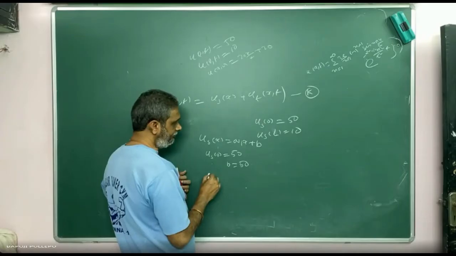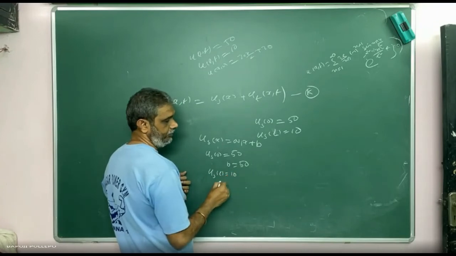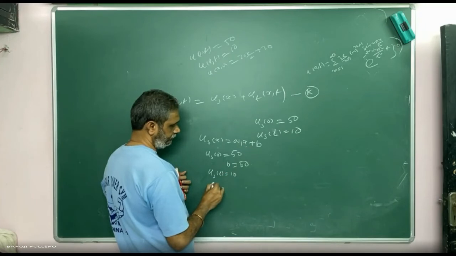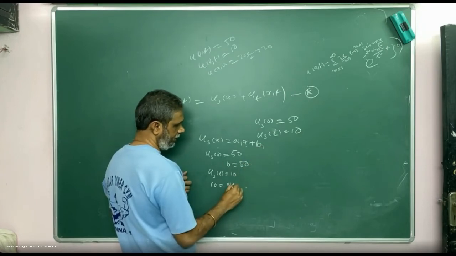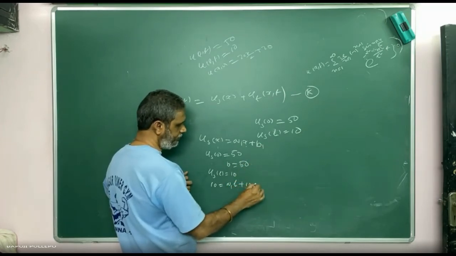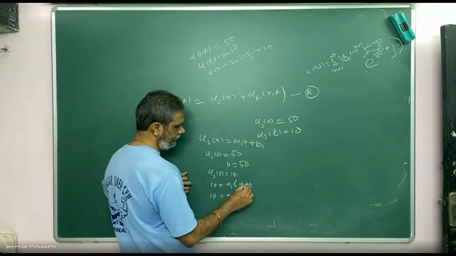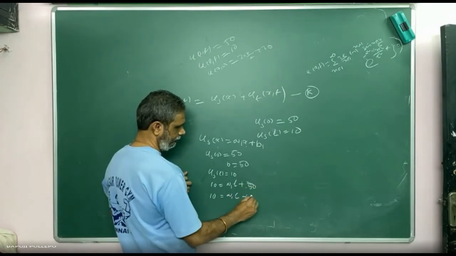Then Us of L is equal to 10. So x equal to L gives 10, which you will write as A1L plus B. B is 50.